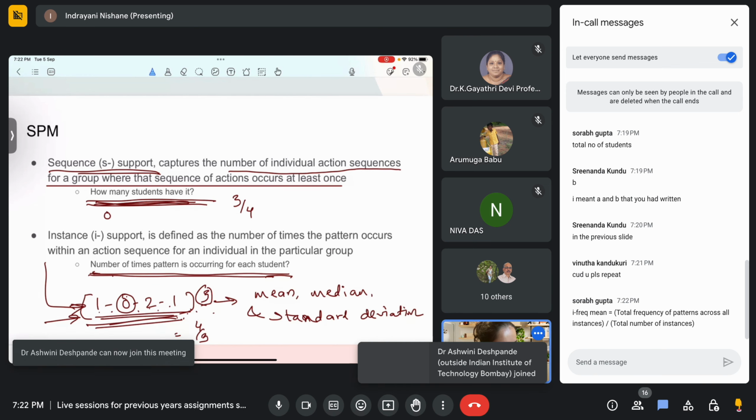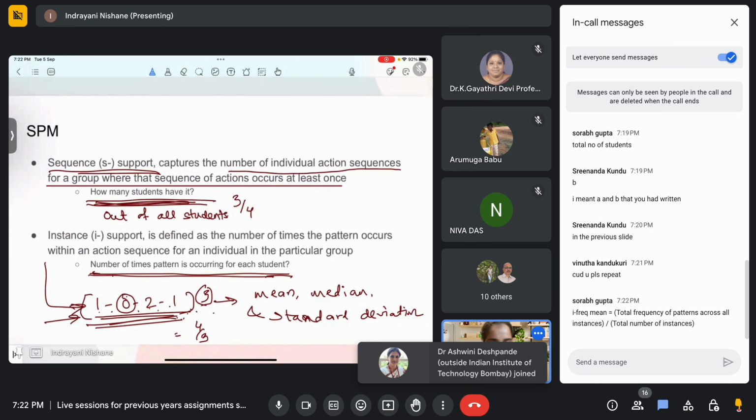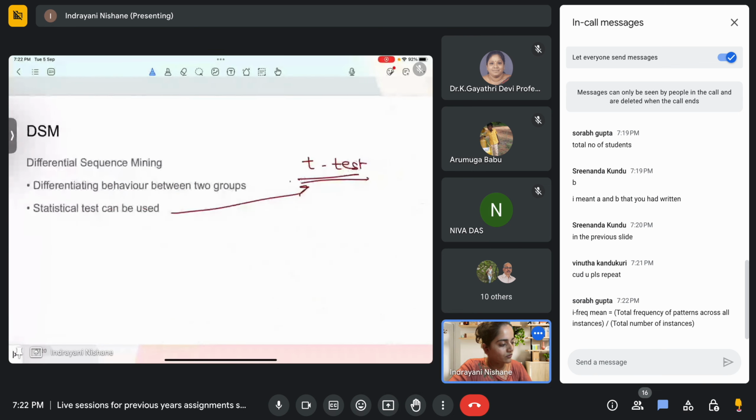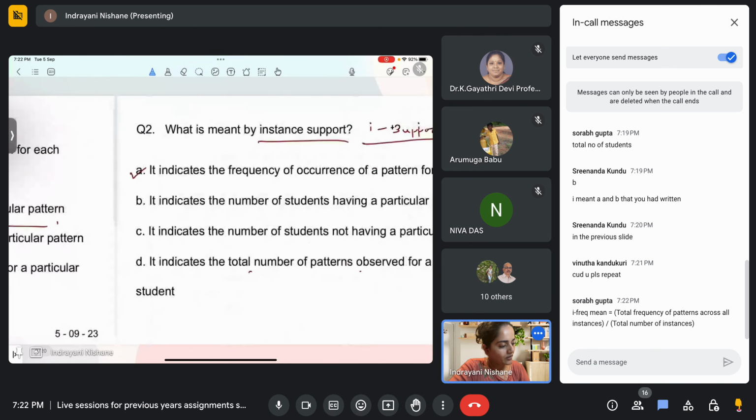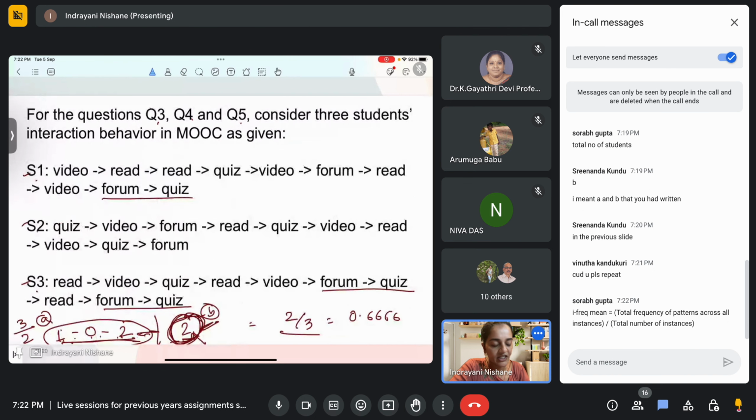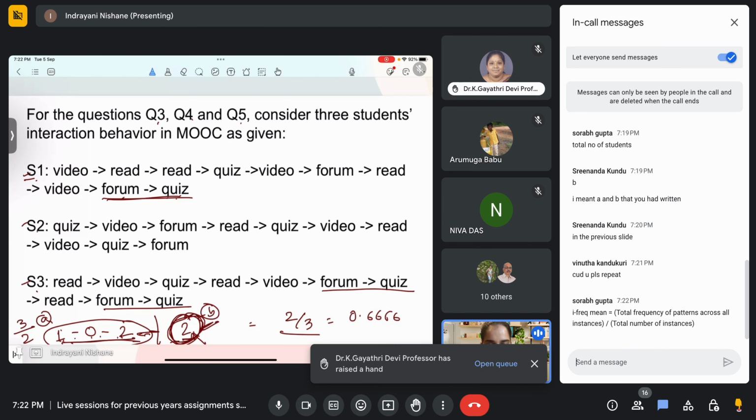I will add here, out of all students. So we check how many times the forum to quiz transition has happened. For S1 it has happened once, for S2 it is not observed at all, for S3 it has happened twice.